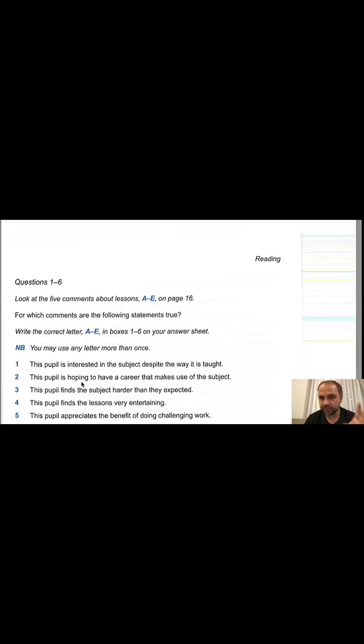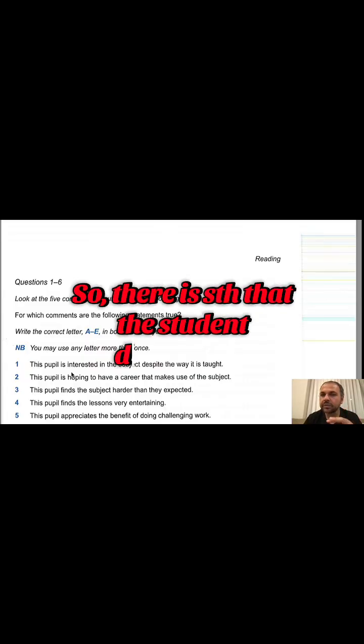with the statements. Now, let's read the statements one by one and then try to find out the answers in the text. 1. This pupil is interested in the subject despite the way it is taught. Okay? So, still enjoys the subject.